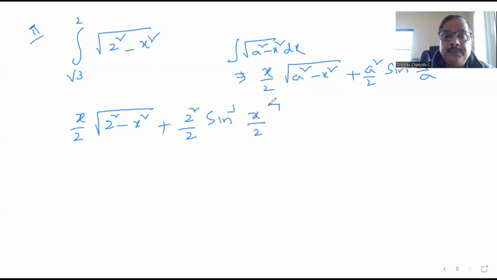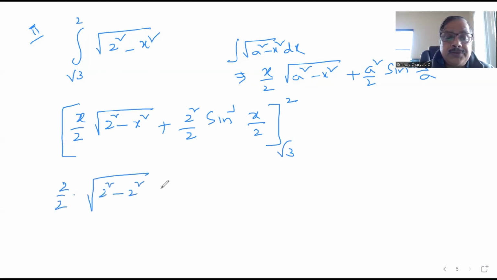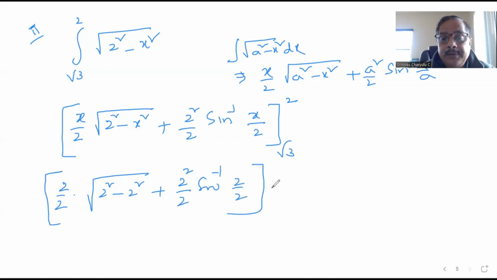Here a is 2. So what are the limits? Root 3 to 2. These are the limits. First put the upper limit: 2 by 2 root of 2 square minus 2 square plus 2 square by 2 sine inverse 2 by 2. This is the upper limit.